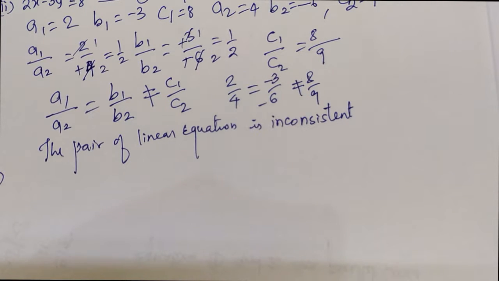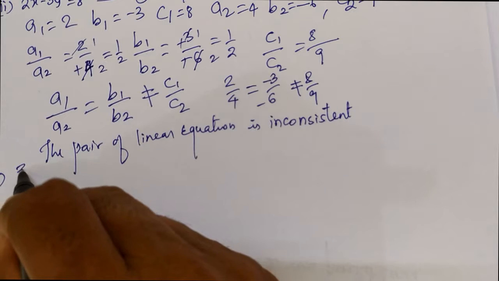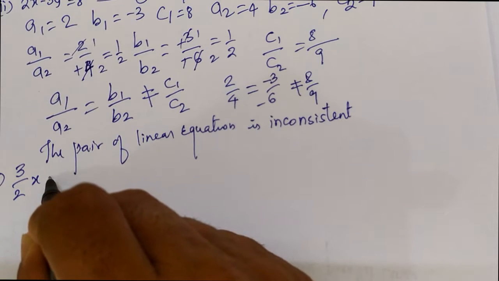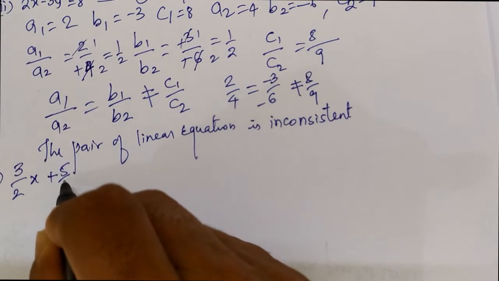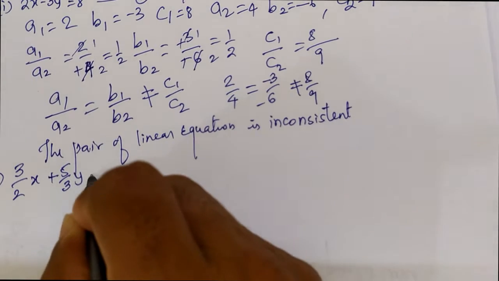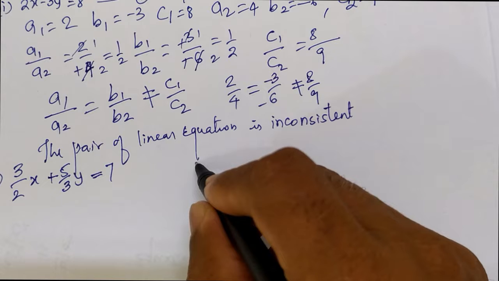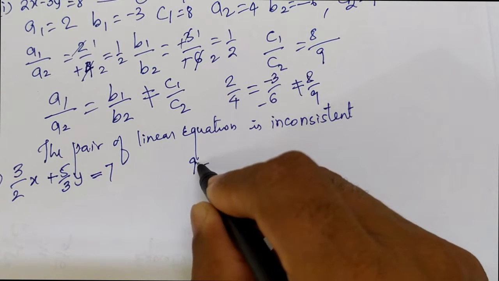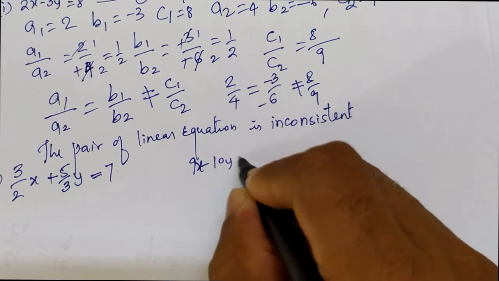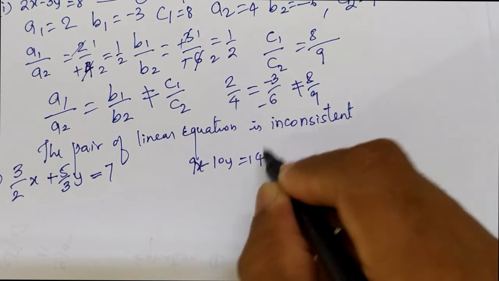We'll do the third one. 3 upon 2x plus 5 upon 3y is equal to 7, and the second equation is 9x minus 10y is equal to 14.